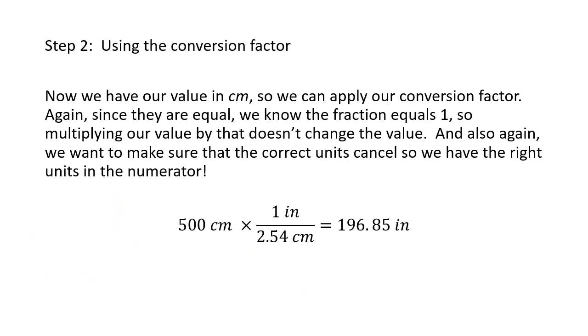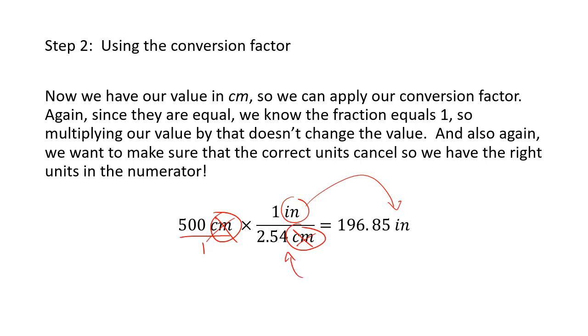The next step is to actually use the conversion factor. And so now I'm going to be converting from centimeters to inches. A lot of what we've said in the previous slide applies. I can still put this over 1 if I need to. I've got centimeters in the numerator and 1 in the denominator, so they cancel. I want to end up in inches. Inches is in the numerator, which is what I want.